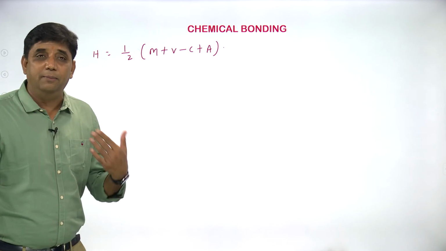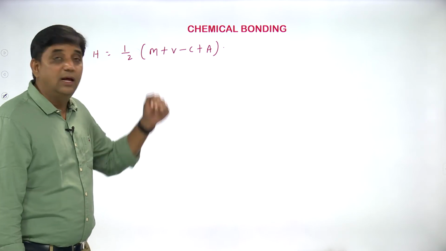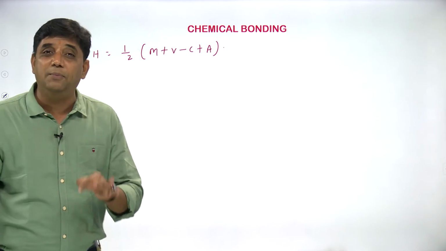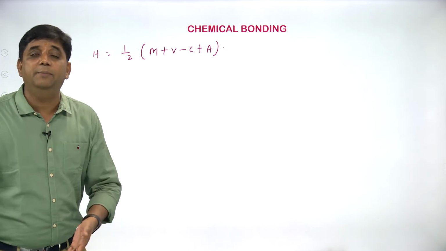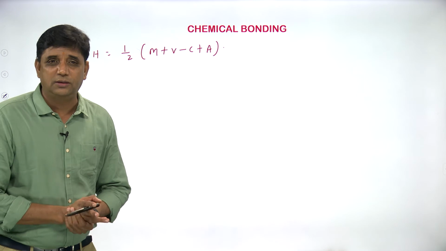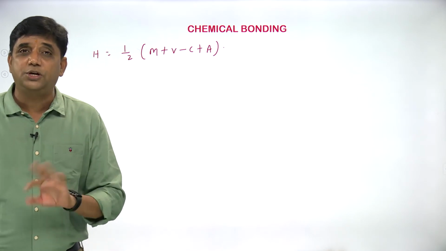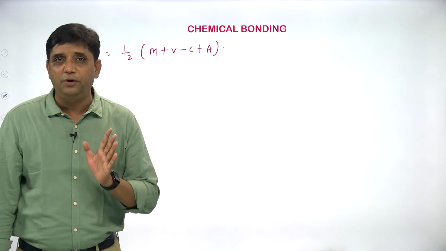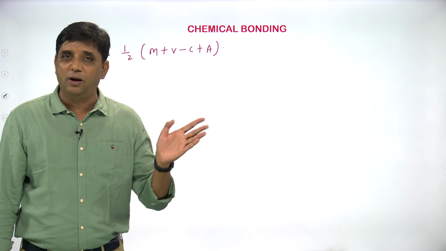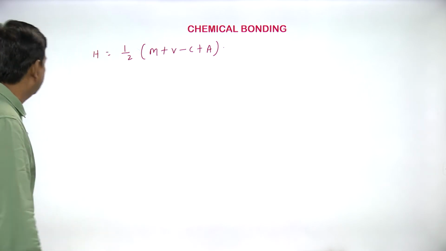M is the number of monovalent atoms attached, V is the valency, C is the number of positive charges, A is the number of negative charges, and this is the formula given by many commercial books. But apart from this, I will tell you one more shortcut method which is very useful, and it's a wonderful technique. By using that formula, you can solve the hybridization of any compound. Now let us see that.